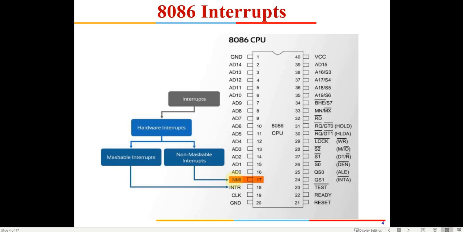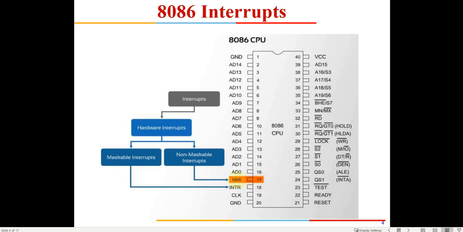Once this 5-volt signal is given here, the microprocessor, whatever program it is doing currently, will store the IP and the CS values into the stack, and then it will start executing this NMI program, and once that interrupt is serviced, it will come back to the original program.